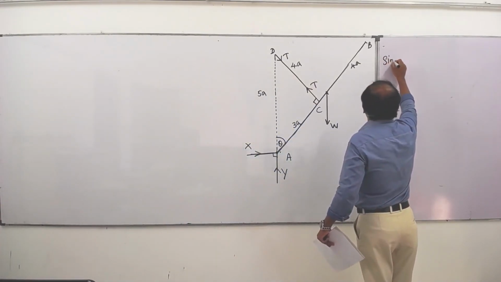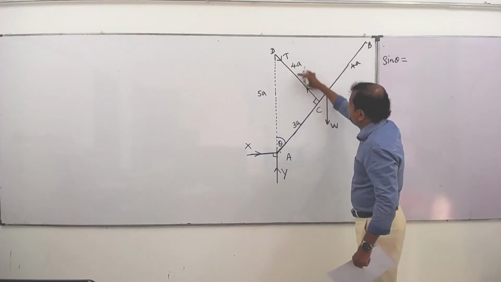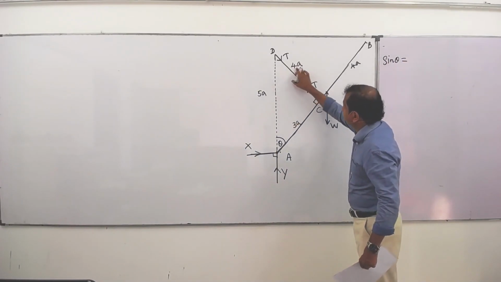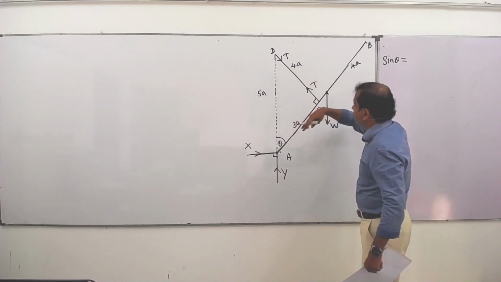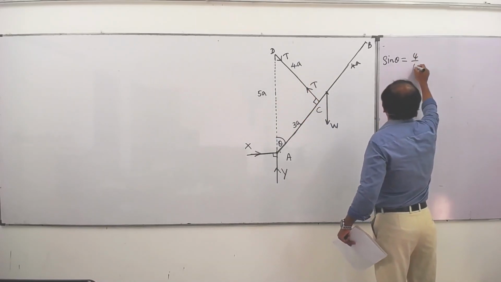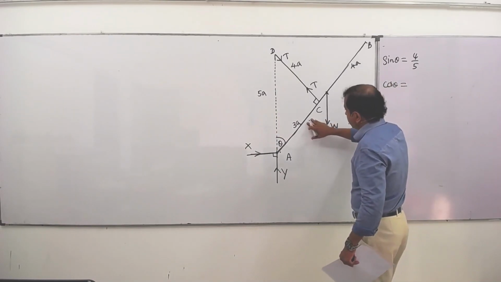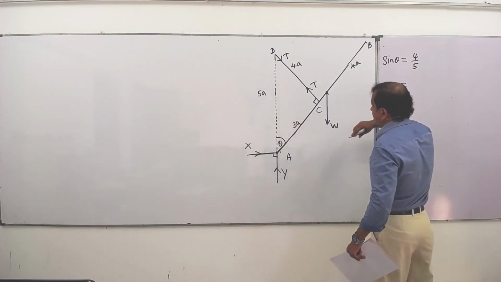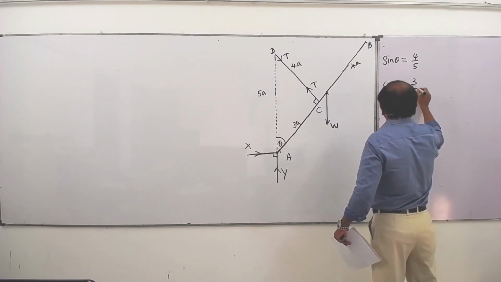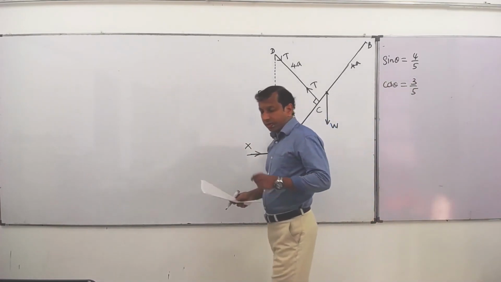Sine theta is going to be what? Opposite side divided by the hypotenuse, 4A by 5A. A and A you can cancel down, 4 by 5. Cos theta, adjacent by the hypotenuse, 3A by 5A, 3 by 5.